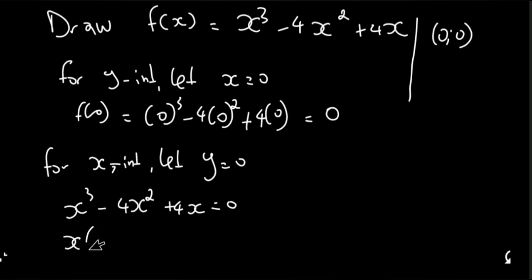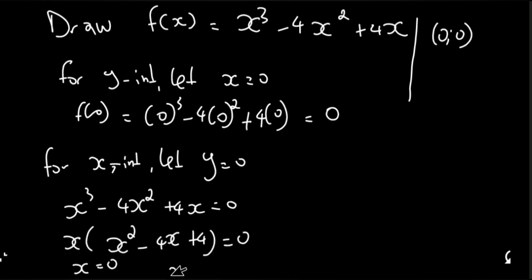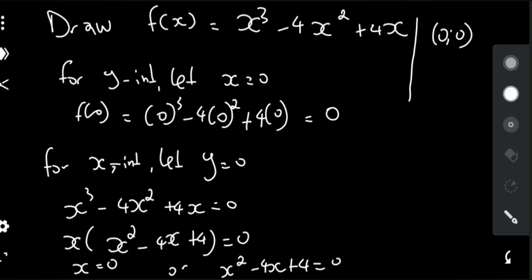So it's going to be x into x squared minus 4x plus 4 is equal to 0. Now we could set up x is equal to 0 or x squared minus 4x plus 4 is equal to 0.